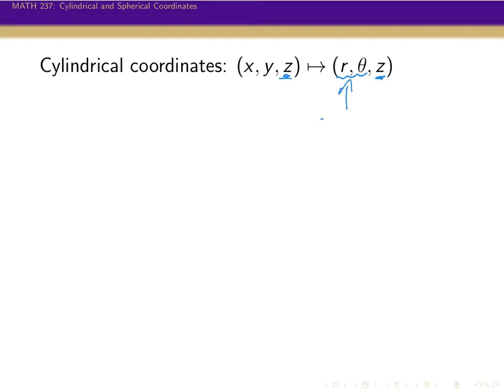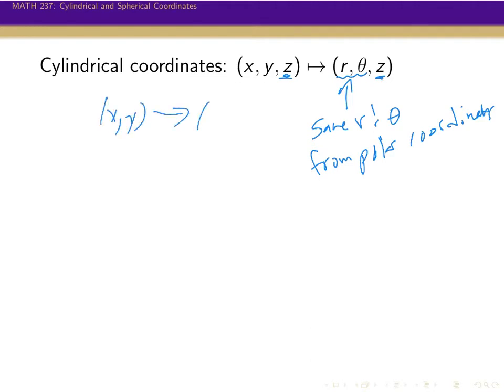So really in this change of variables, x and y go to r and theta, and z just stays the same.